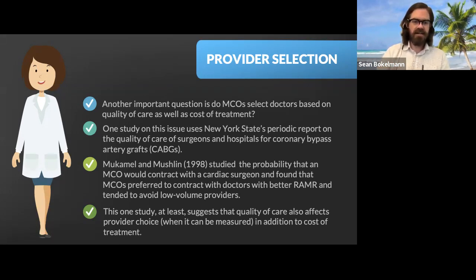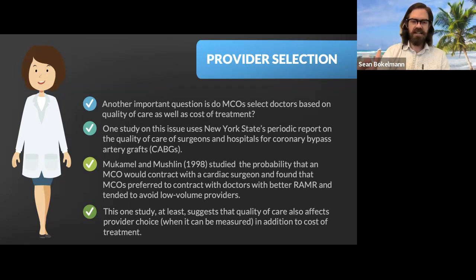So something similar to what we've seen before with QALYs and DALYs, I think, right? But risk adjusted mortality rates. And they also found that the MCOs tended to avoid low volume providers, maybe because volume is sort of an indication of quality, perhaps.